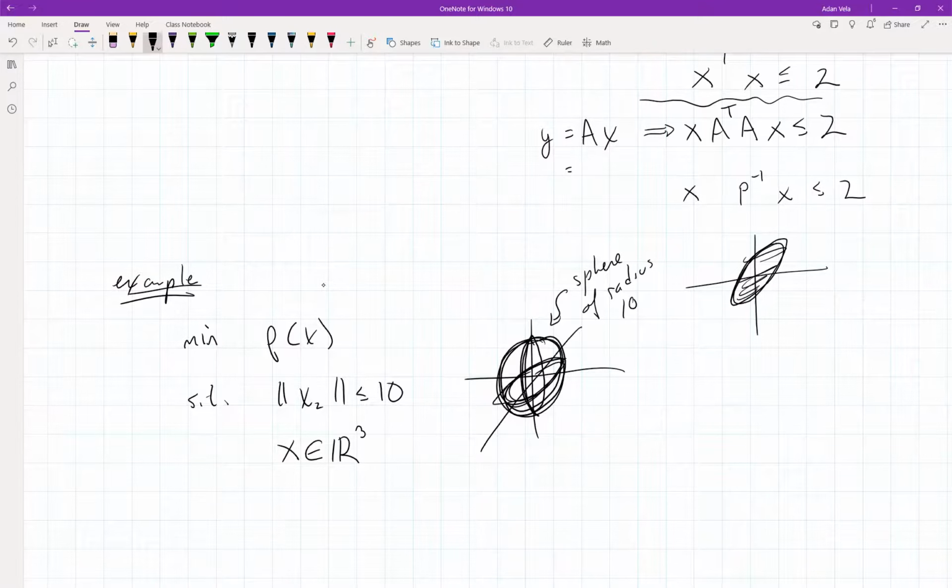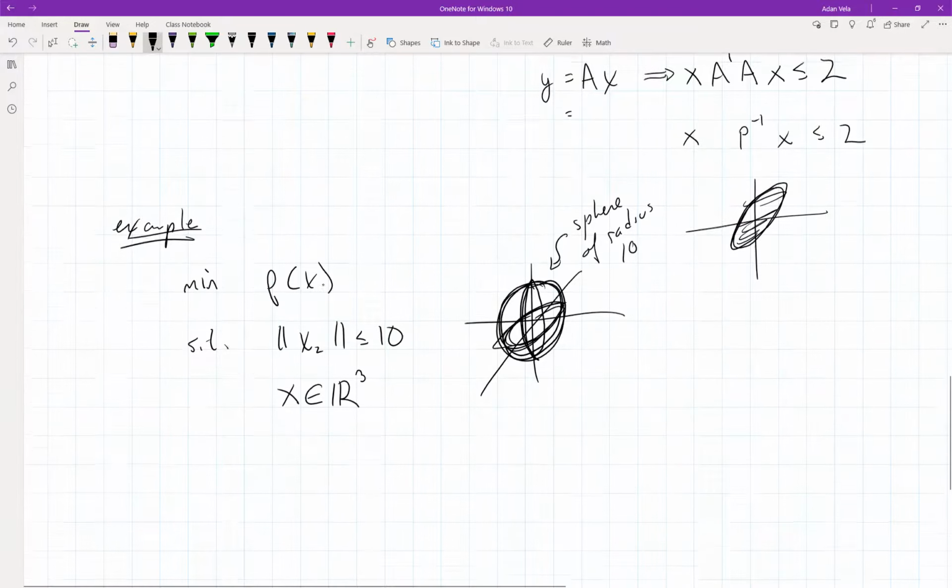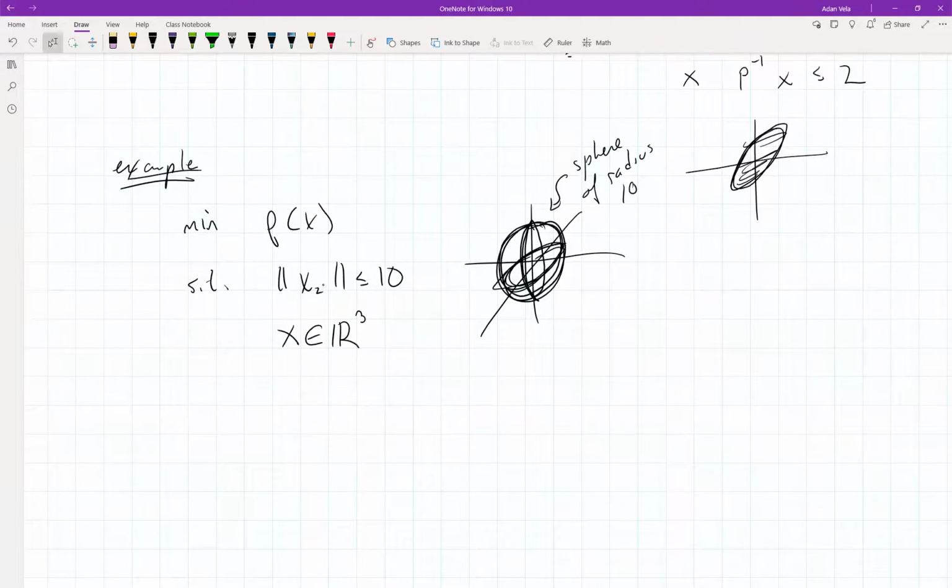But what if we didn't care about the third dimension? What if we only cared about x1 and x2 being within a circle, right? We could down select, like we don't care about x3, the third dimension. Let's say we wanted to make a constraint that looked like a cylinder.